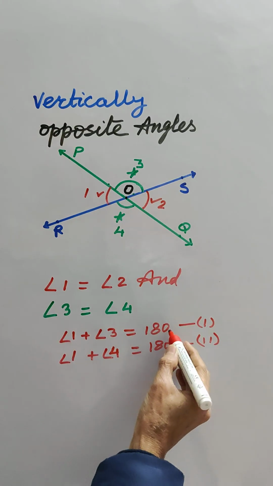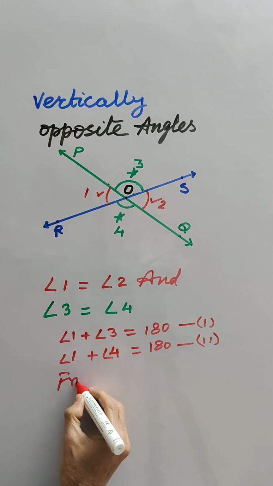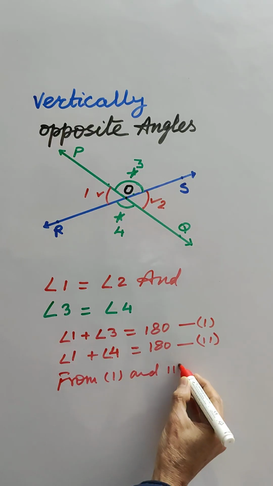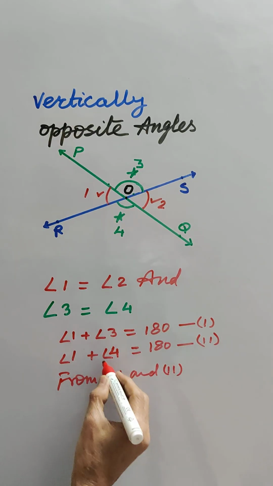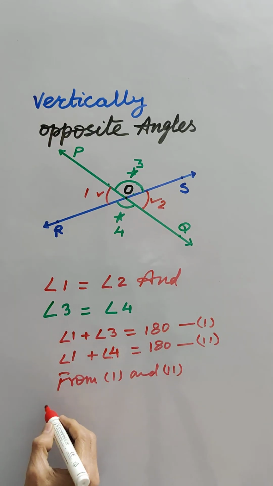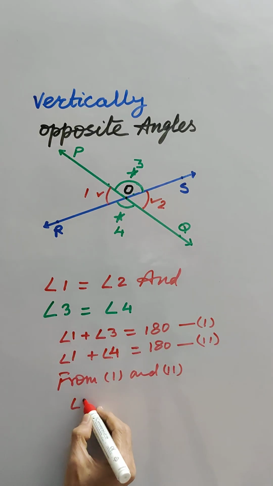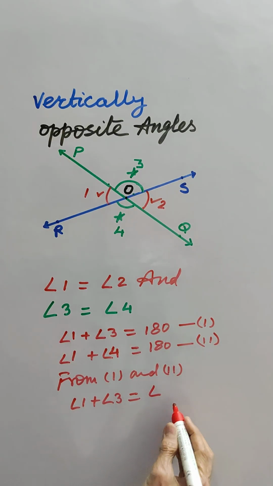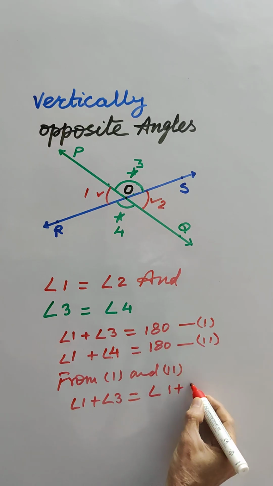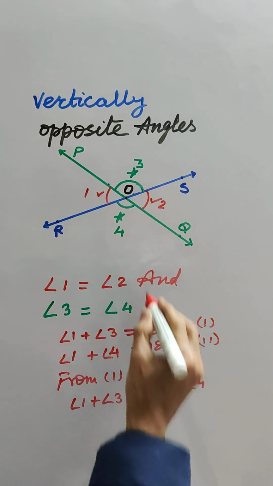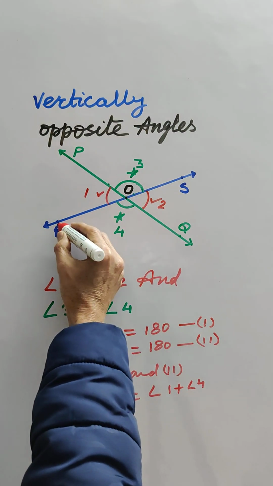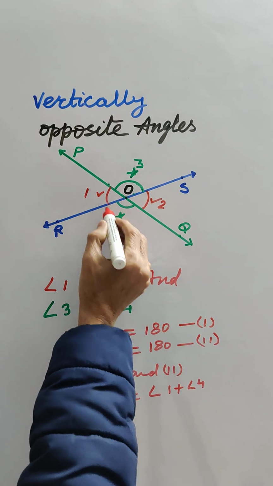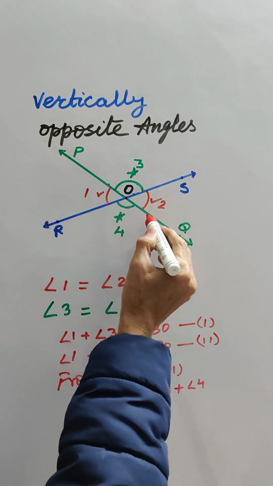From first and second, if we compare, angle 1 will cancel with angle 1. Angle 1 plus angle 3 is equal to angle 1 plus angle 4, since angle 1 and 3 are formed on ROS and angle 1 and 4 are formed on POQ.